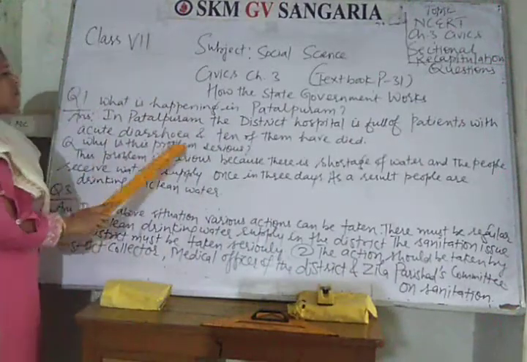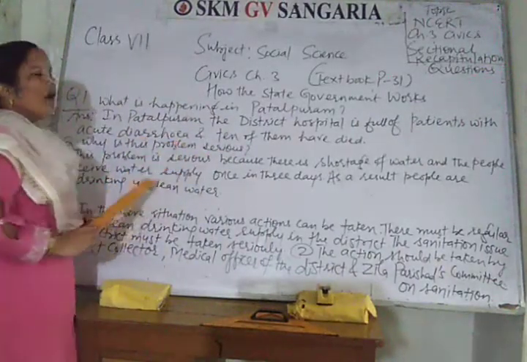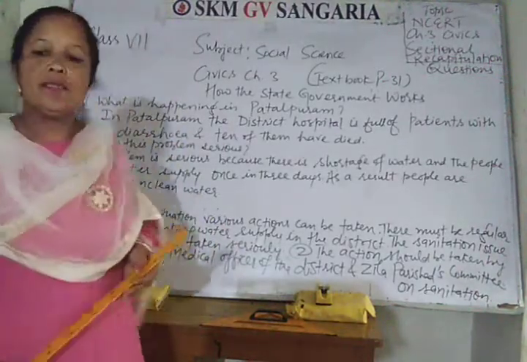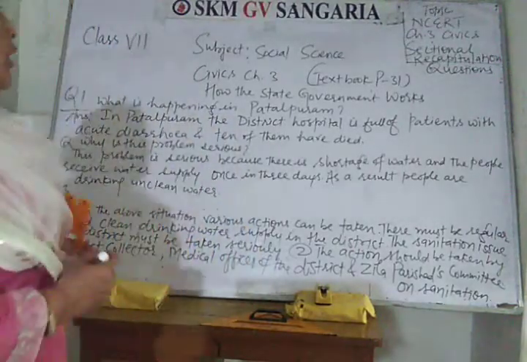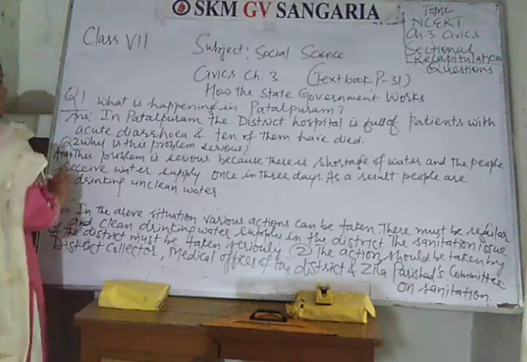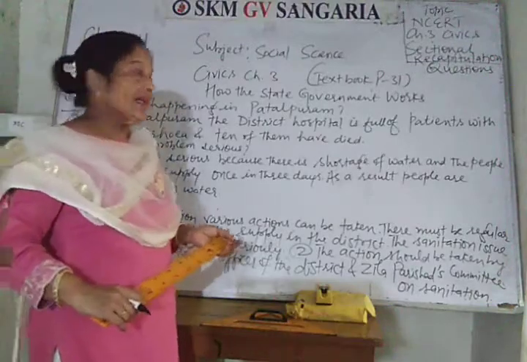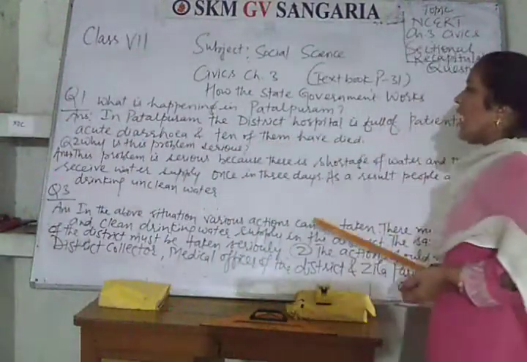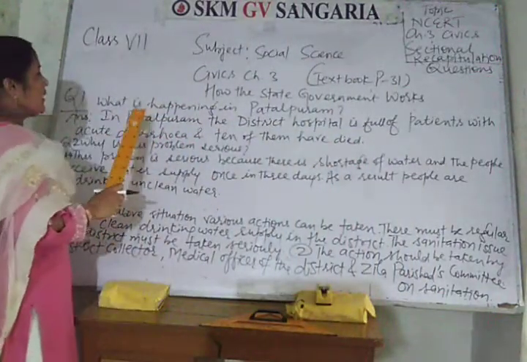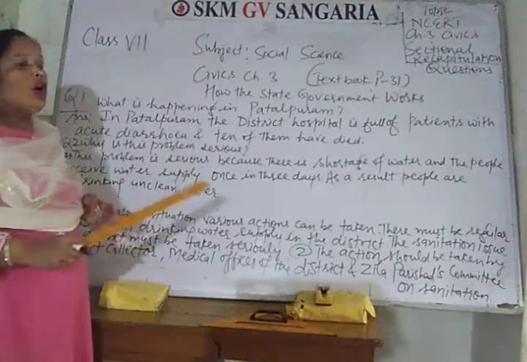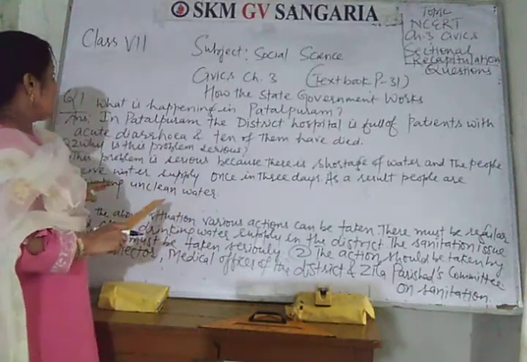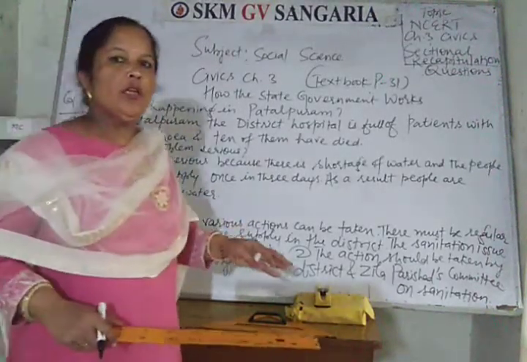Then why is this problem serious? This problem is serious because there is shortage of water and the people receive water supply once in 3 days. As a result, people are drinking unclean water. People were dying and the hospital was full of patients with acute diarrhea, and this happened due to shortage of water.